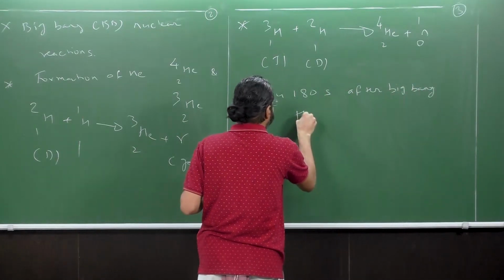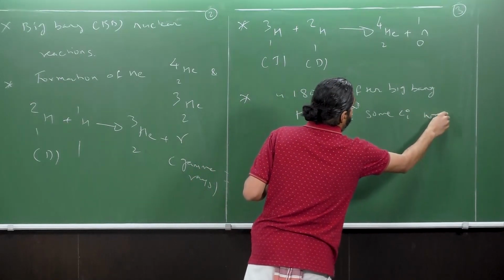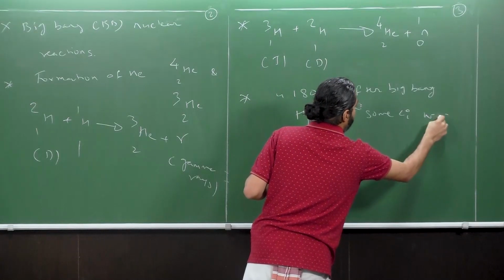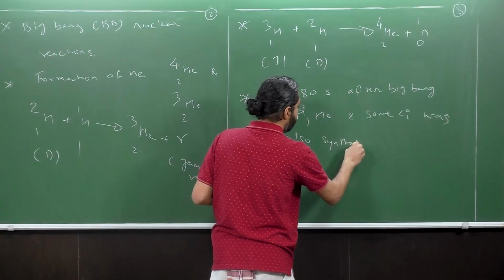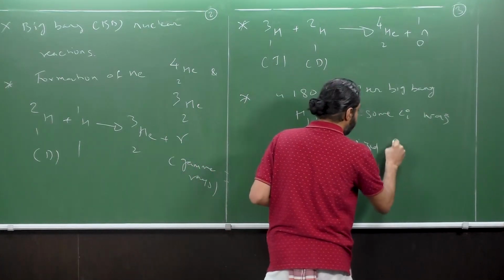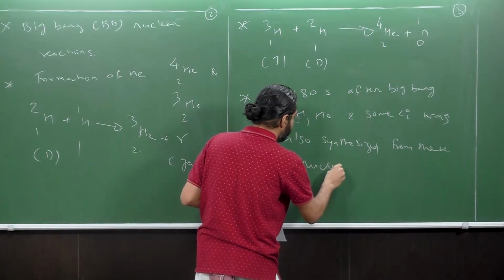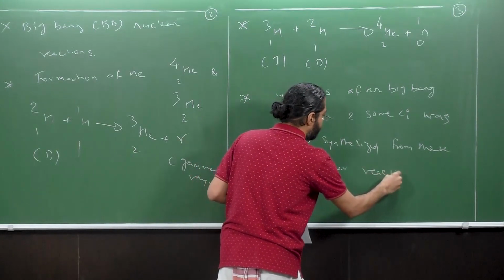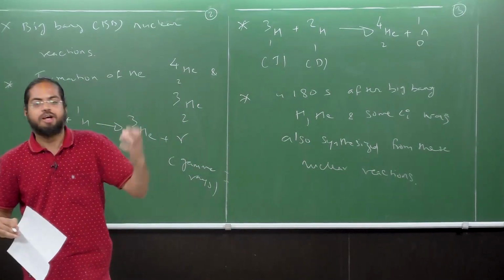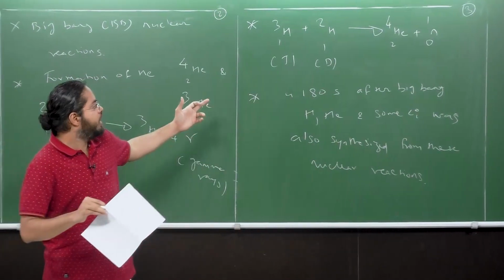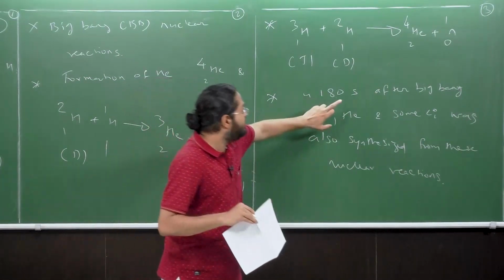And hydrogen, helium, and some lithium was also synthesized from these nuclear reactions. All right, so imagine the hydrogen, the helium, and the small amounts of lithium were all formed just 180 seconds after the Big Bang.